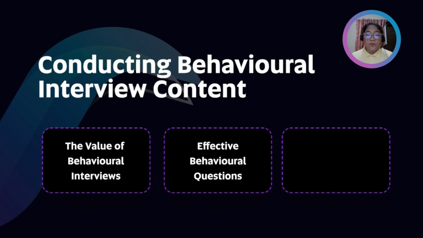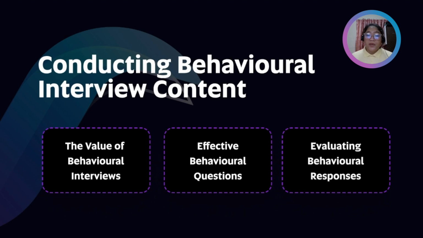Some examples of strong behavioral interview questions include, describe a situation where you worked under pressure and how you handled it. Or, give an example of a time you led a team to achieve a goal. Number three, evaluating behavioral responses.